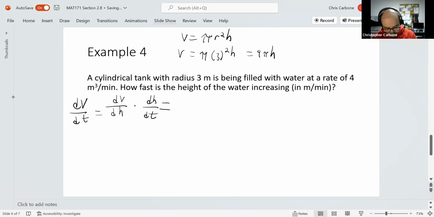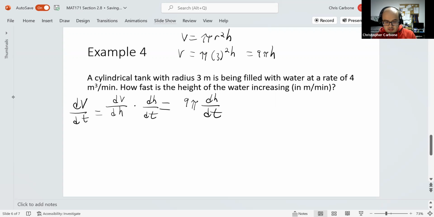The derivative of 9 pi h with respect to h is just 9 pi, times the derivative of h with respect to t.